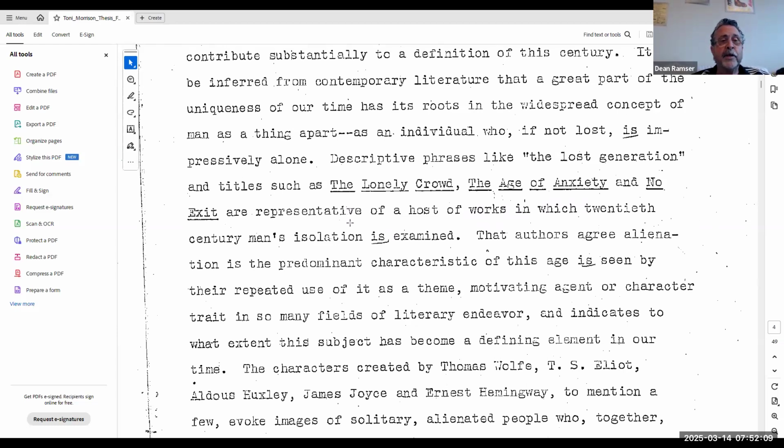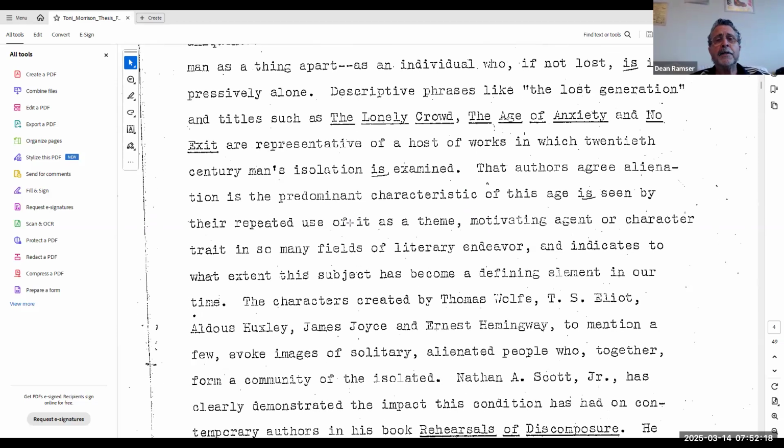"Descriptive phrases like the lost generation and titles such as The Lonely Crowd, The Age of Anxiety, and No Exit are representative of a host of works in which 20th century man's isolation is examined.